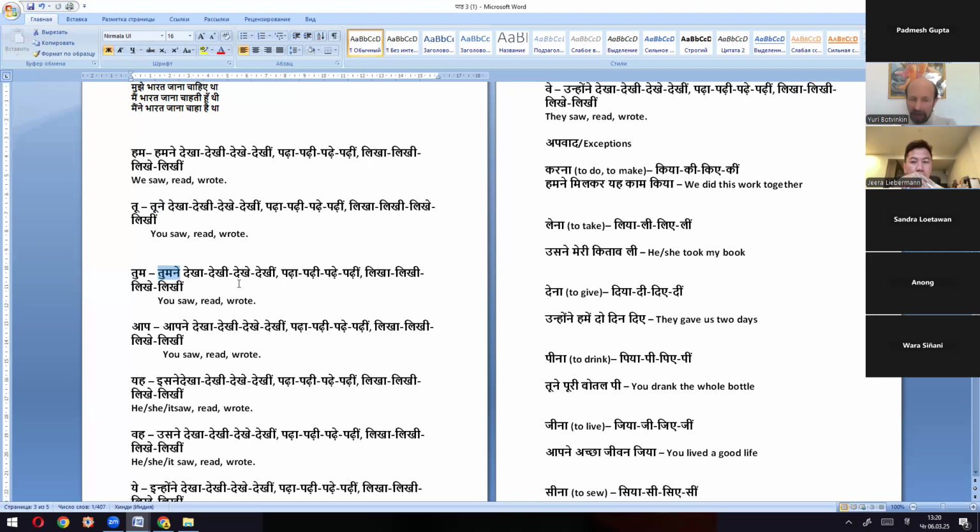That's why I wrote here all personal pronouns as we use them with the postposition ne, so that you can see which of them change and which don't. Like tune, tumne, hamne, maine, they don't change. Aap, aapne, again, it does not change into any other form. आपने देखा, आपने कहा, आपने लिखा.